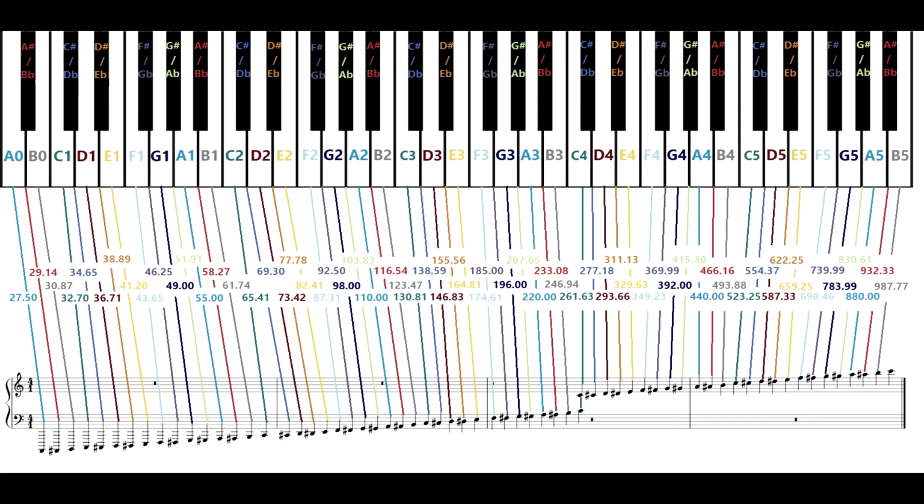Here are all the possible pitches that can be expressed: G sharp/A flat, A sharp/B flat, B, C, C sharp/D flat, D sharp/E flat, E, F sharp/G flat, G sharp/A flat.